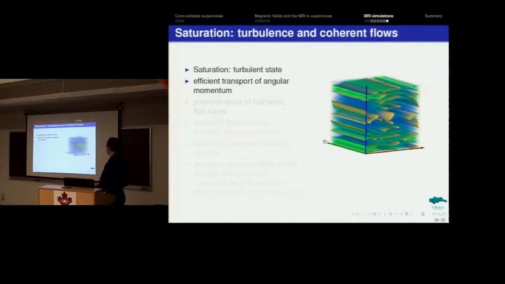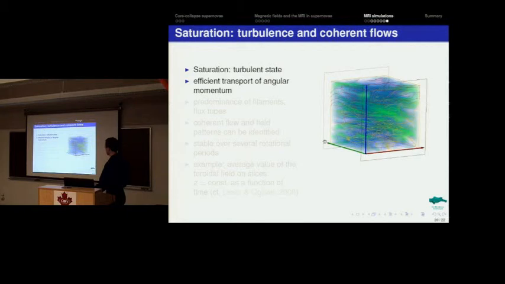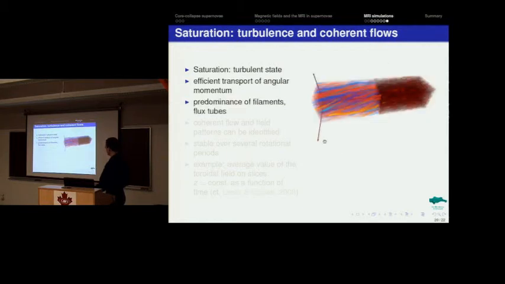So a very tangled and disordered magnetic field, which is visualized in color and field lines. Though we still have coherent structures, for example, filaments. You can see here the vorticity and the magnetic field strength with clear flux tubes.